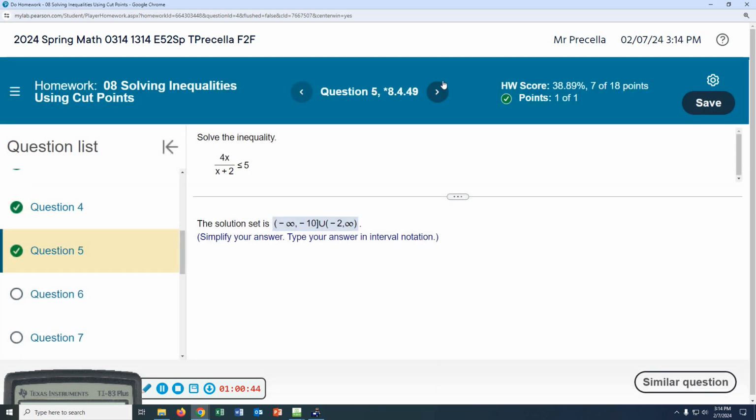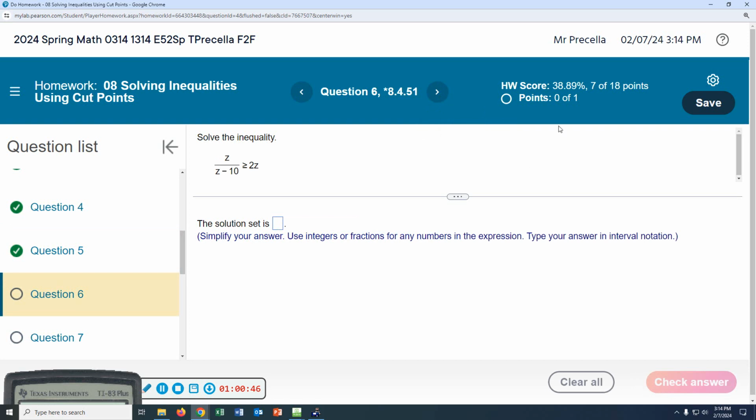But let's do another one with fractions. Oh, gosh. Number 6. Will there be denominator cut points on this one? Yeah. Let me write it down. Number 6. z over z minus 10 is greater than or equal to 2z.